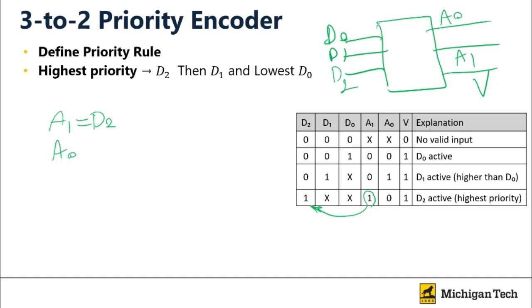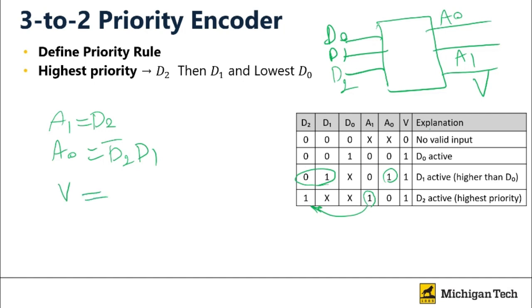For A0, we look at A0 to see where it is 1. The corresponding input, here we have 2, D2 bar D1. Good. And what about V?